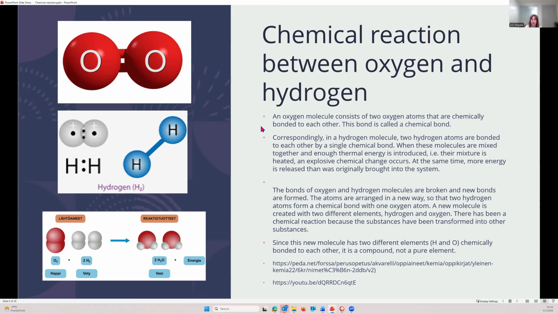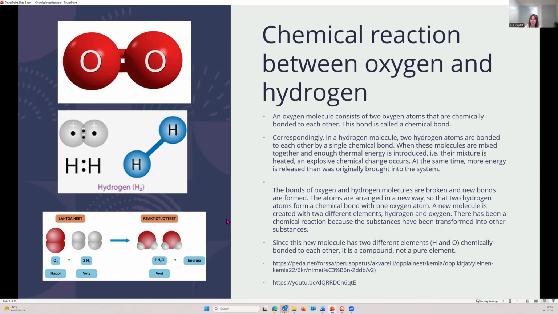We were talking about the covalent bonds in these molecules of oxygen and hydrogen. These bonds are being broken. And then other kinds of covalent bonds are being formed between hydrogen and oxygen in the water molecules. And those were these polar covalent bonds.